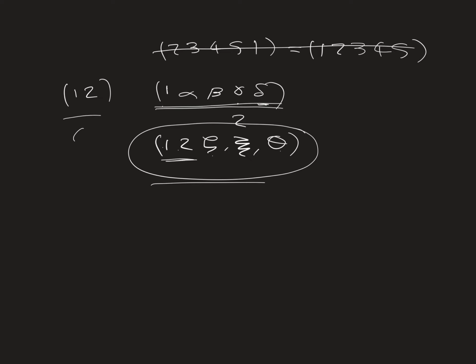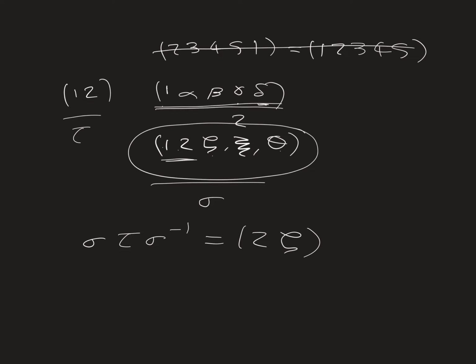Now, if I call this transposition tau and I call this 5 cycle sigma, then if I do tau sigma tau inverse, what am I going to get? It's going to produce me (2 zeta ...) here, because 1 is going to go to 2 and 2 is going to go to zeta. This is how conjugation works in the symmetric group.